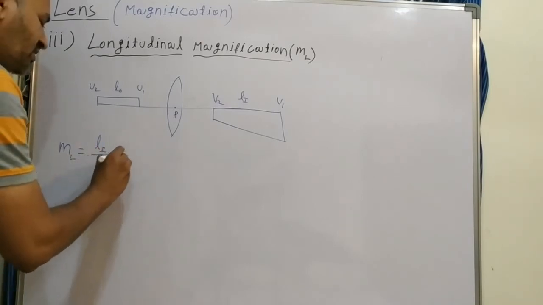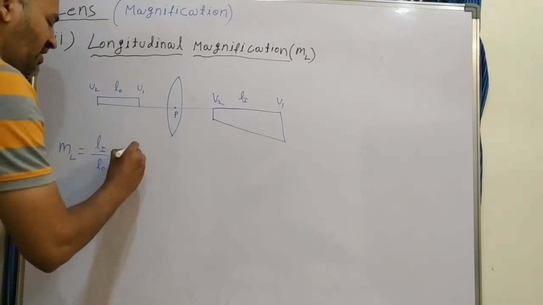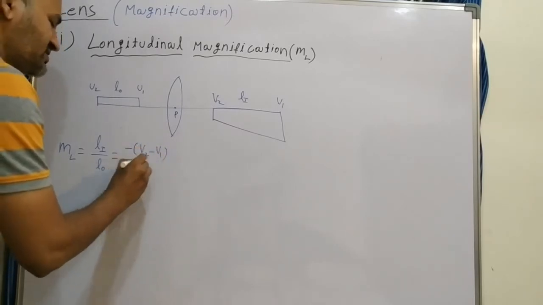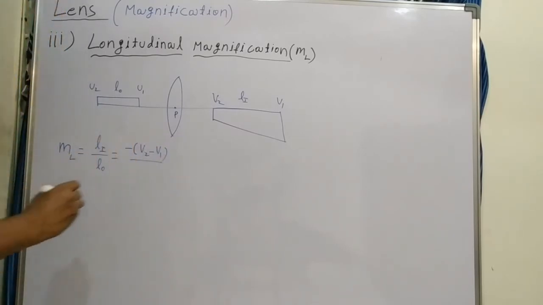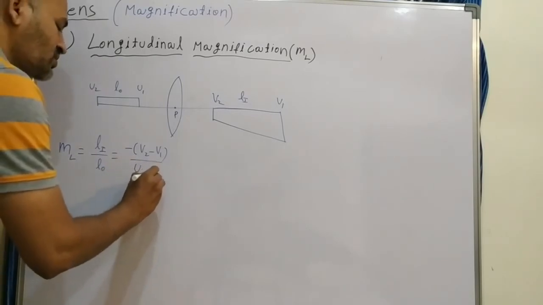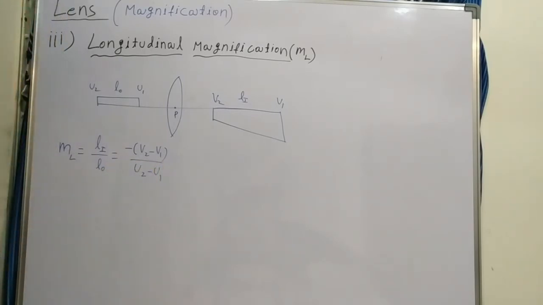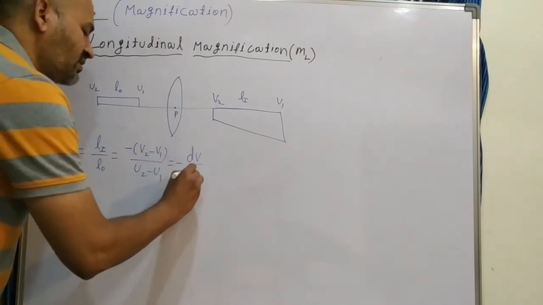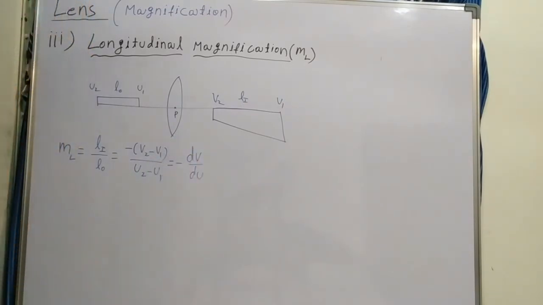That is nothing but minus (v2 minus v1) by (u2 minus u1), which we can write as minus dv by du, the change in image position by the change in object position.